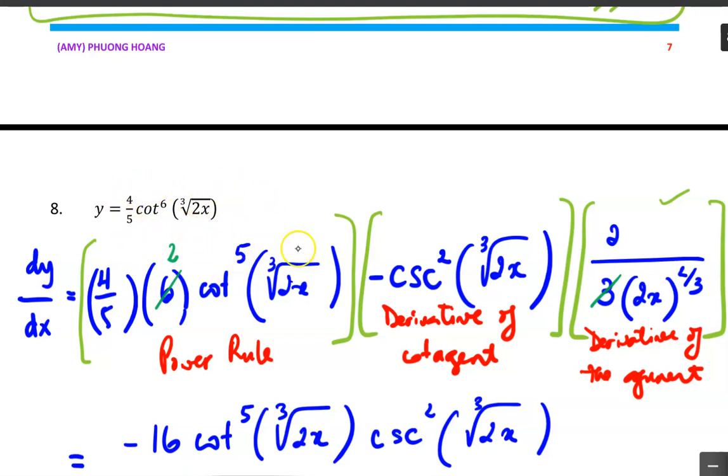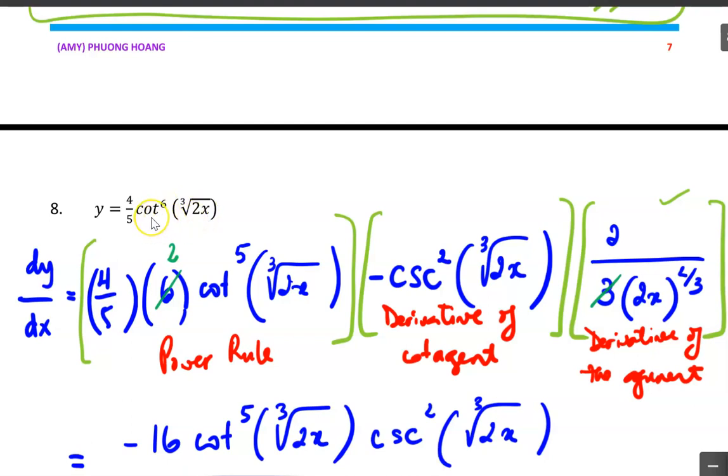That means the basic power rule still applies. Make sure you write the exact argument again. So don't forget 3 steps. Power rule, and just take care of the power first. Leave the exact argument the way it is. The second step is to leave out the coefficient, leave out the exponent, but only take the derivative of cotangent of this argument.